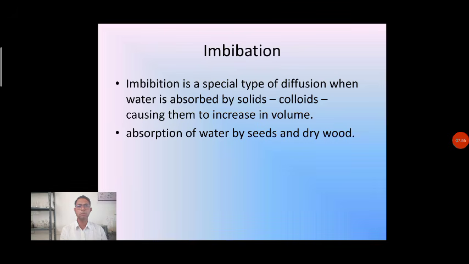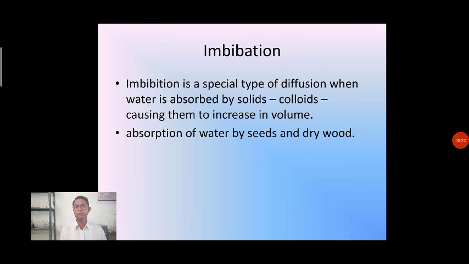Now the next terminology which is generally used in plant physiology is imbibition. Imbibition is a special type of diffusion when water is absorbed by solids that we call colloids, causing them to increase in their volume. So, absorption of water, for example, by seed and dry wood.